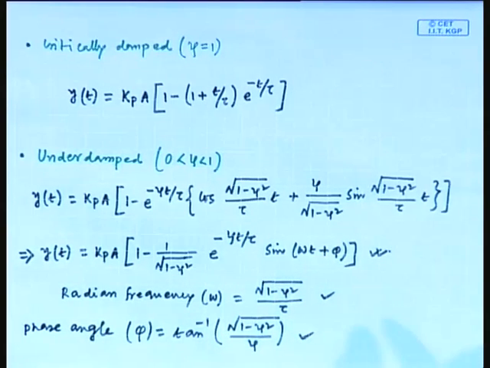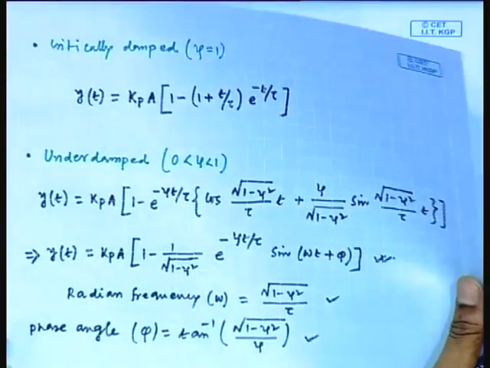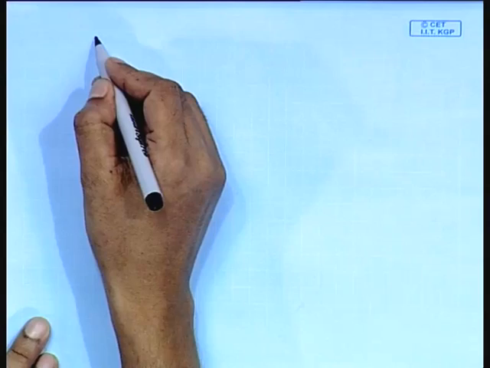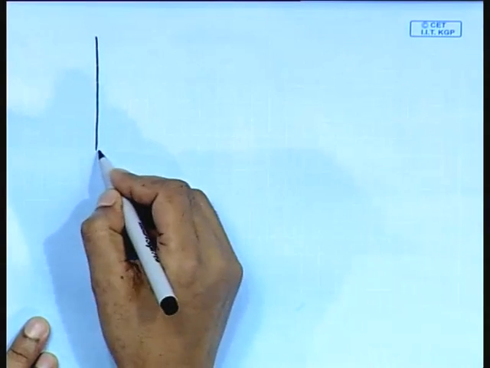Fine. So, these are the three expressions of y in time domain just by inverting the equation of y in s domain. Now, if we graphically represent the outputs of these three y expressions, the plot looks like this.